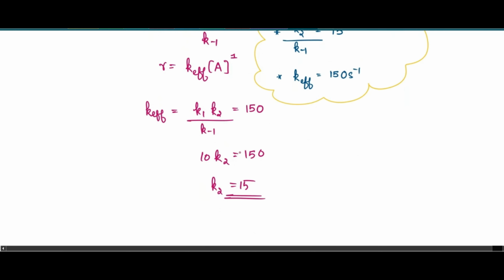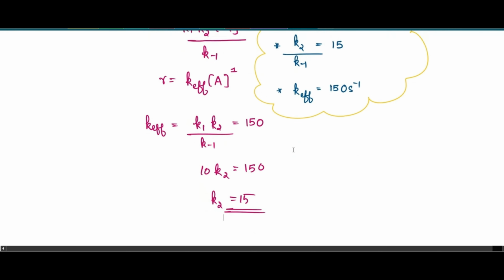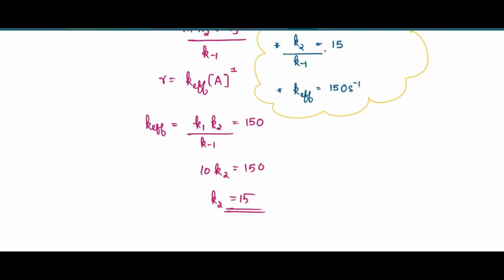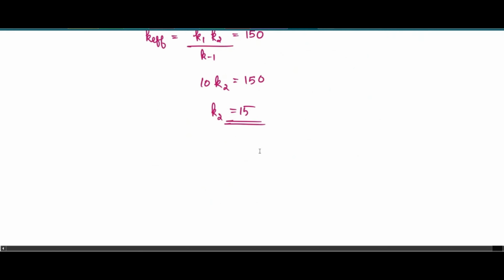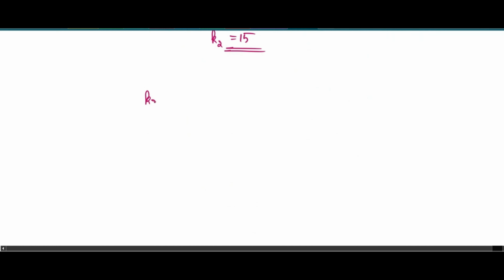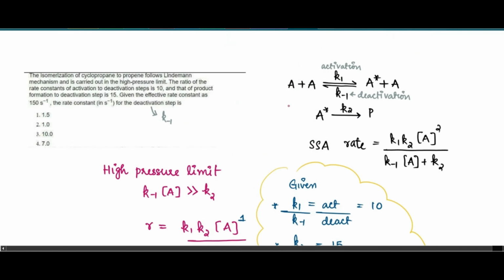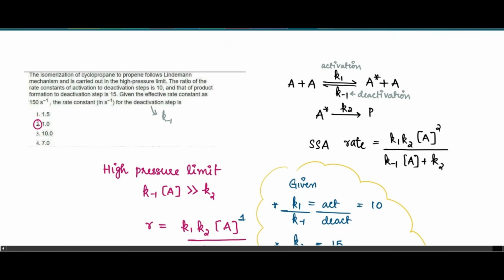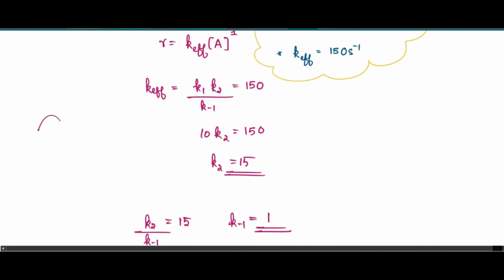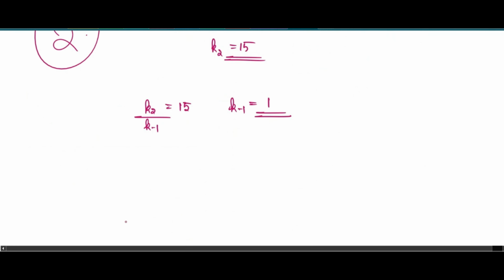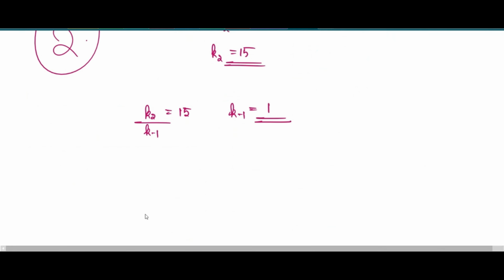Okay, I got K2 is equal to 15. If I get K2 is equal to 15, എനിക്ക് വേറൊരു റിലേഷൻ ഉണ്ട്, K2 by K inverse is equal to 15 എന്ന് അല്ലേ? So I have K2 by K inverse is equal to 15. So from this I'll get K inverse is equal to 1. Option 2. Very easy. A high pressure limit in അവിടെ മാത്രമാണ് നിങ്ങൾ ശ്രദ്ധിക്കേണ്ടുള്ളൂ.